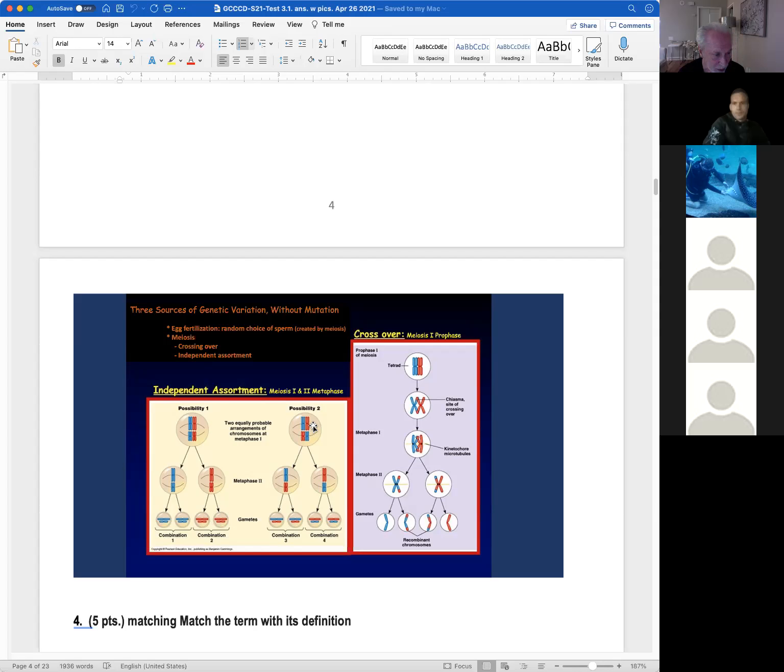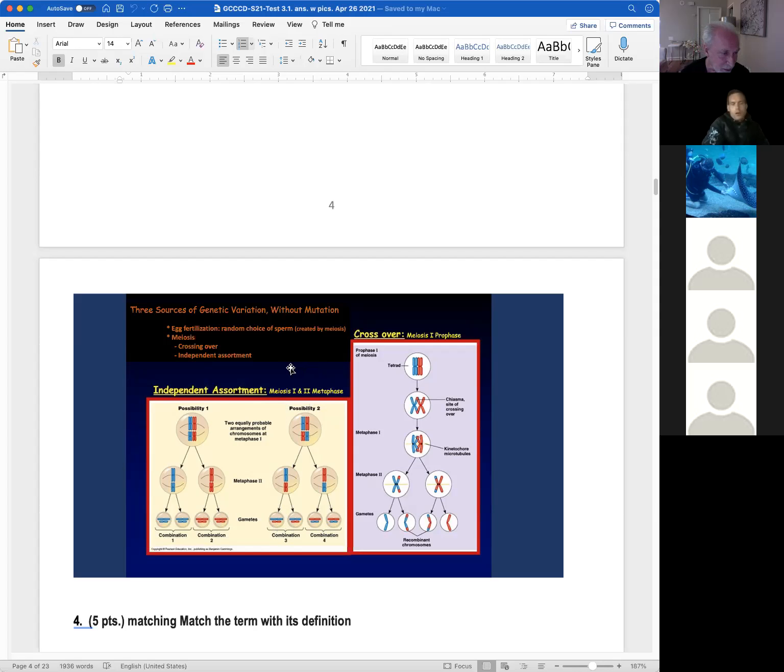But if they switch positions, as you see in possibility 2, then you end up with 4 different combinations relative to the starting positions. So this is the second way that we can get variation in meiosis. And it can happen at either or both of 2 different phases.